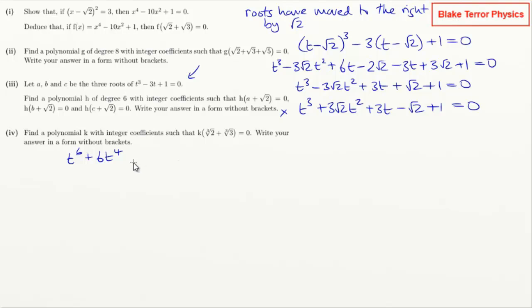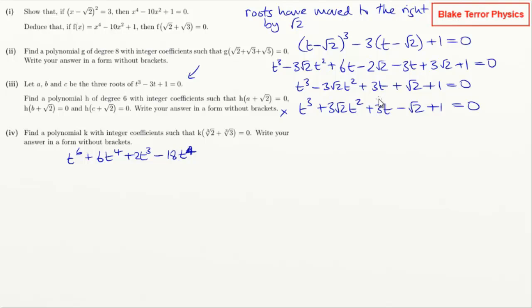Then I don't have to worry about the root 2s, then I'm going to have 2t cubed. So move on to this 3 root 2 term, so I'm going to have minus, so it's going to be 9 times 2, so 18t, not squared, t to the 4, 18t to the 4.